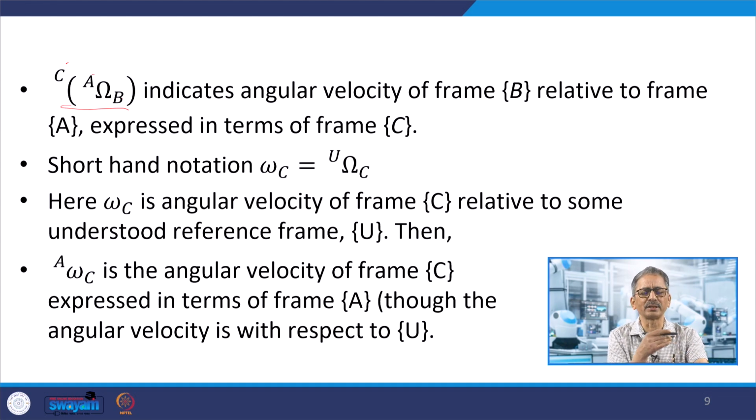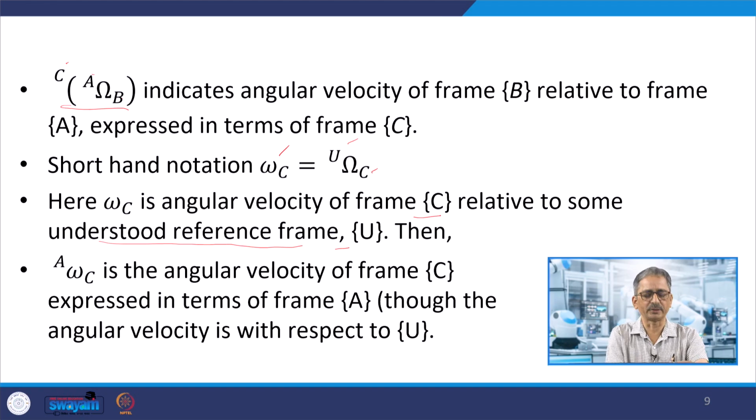So, this is the notation which we are going to follow consistently in this course. In the shorthand notation, I can just write this as omega c, if I know that this omega c is expressed in terms of a universal frame U. So, omega c is the angular velocity of the frame C relative to some understood reference frame U, and we can write it in the short form like this.